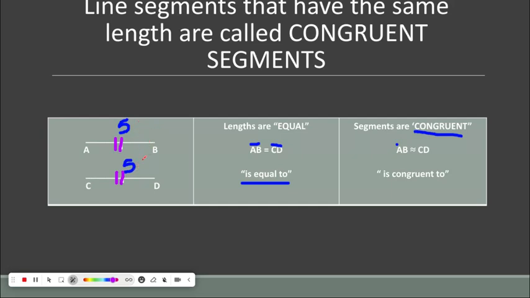You can set them equal to each other and solve, like we've been working on with algebra. If they have the same number of these little tick marks on the segments, then you know they are congruent. So if this one had 3 and that one only had 2, they would not be congruent. If they both have 3, then those segments are congruent, aka equal.